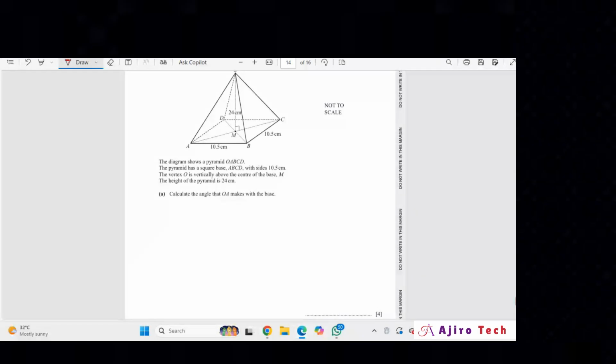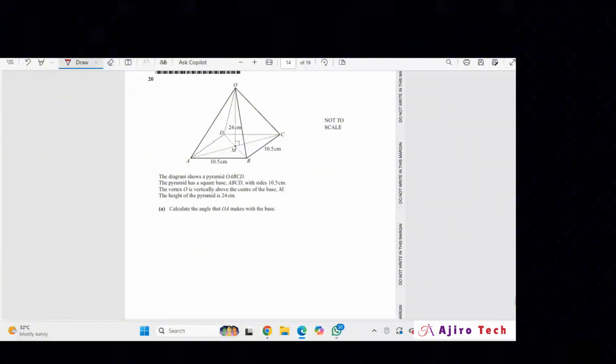The height is OM. The question is: calculate the angle that OA makes with the base. That is the angle we are going to look at. This is OA, the angle it makes with the base.